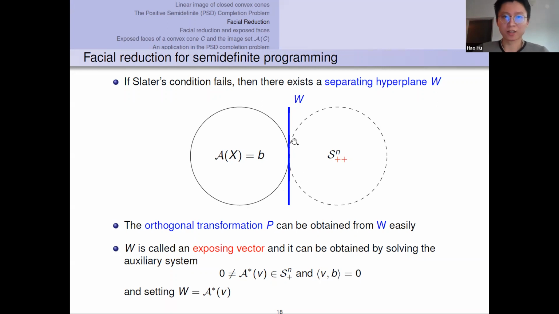And this separating hyperplane W in the context of feature reduction is called an exposing vector. And what is good about this, what is magic in feature reduction, is that such an exposing vector can always be found by solving an auxiliary system stated here. And then you find this separating hyperplane by setting W equals the adjoint of V.